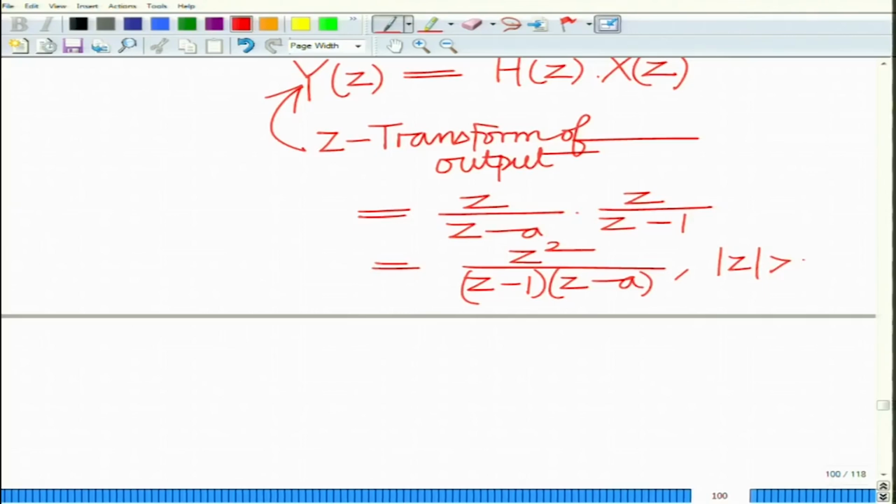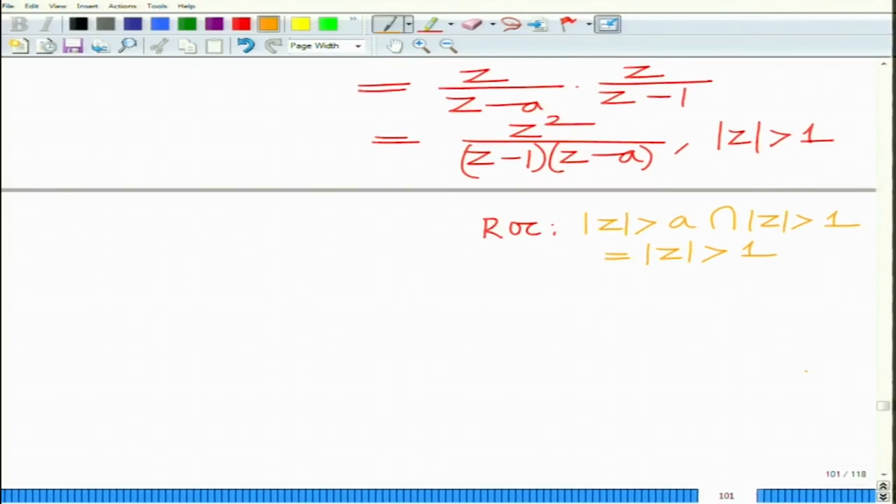The net ROC will simply be magnitude of z greater than 1. You can also see this: the ROC is magnitude z greater than a intersection with magnitude z greater than 1, which is equal to magnitude of z greater than 1 since a is less than 1.